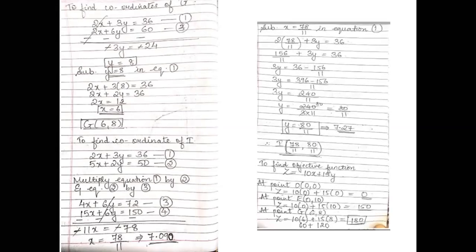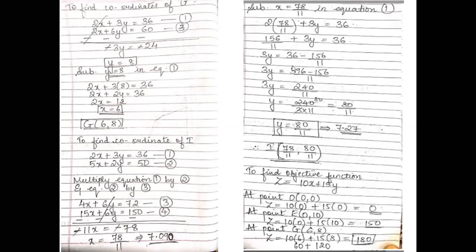Now sometimes, class, you won't be getting round figures as answers. As you can see, I got the value of x as 78 upon 11, which is approximately 7.090. Now class, whenever you get such values, after substituting, as you can see, I got the value of y as 80 upon 11. The point answer is 7.27.